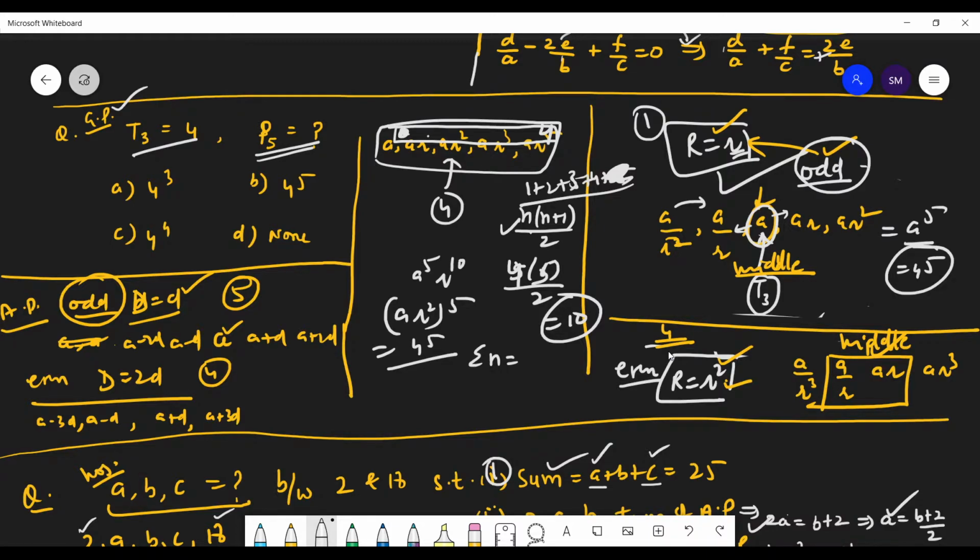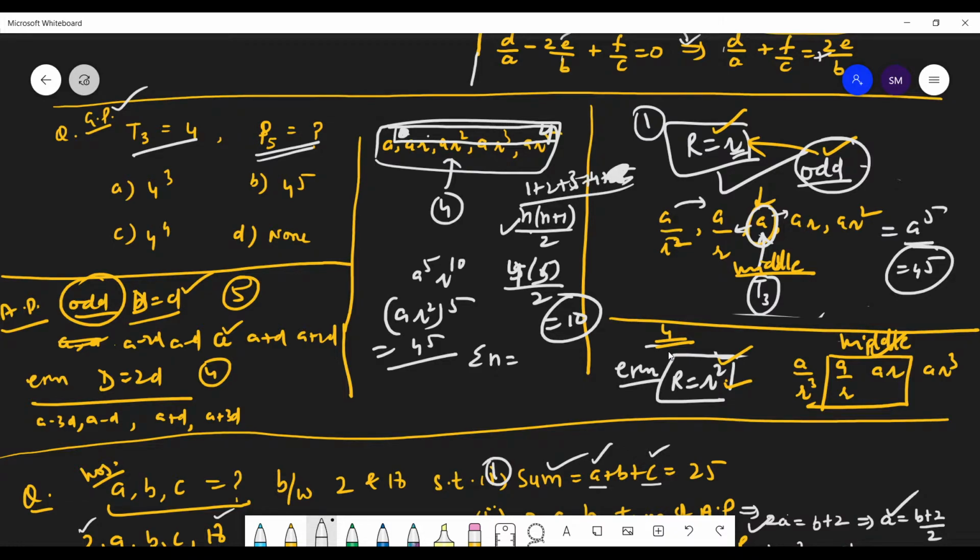They are not consecutive terms, because it has just written three of its terms. If it were three terms, then they would be consecutive. But here it is written that three of its terms, so they can be any terms, anywhere.